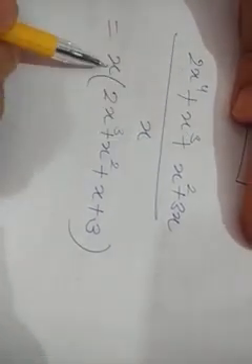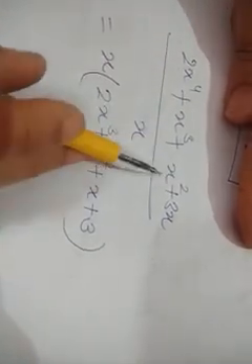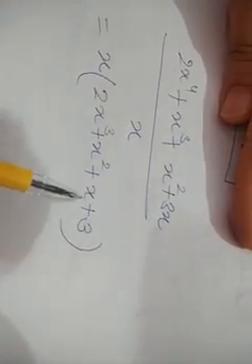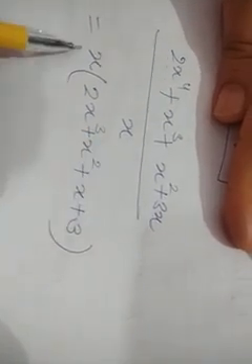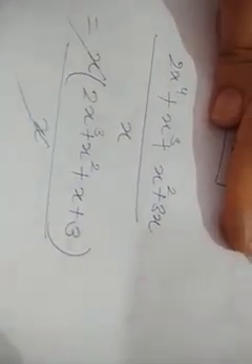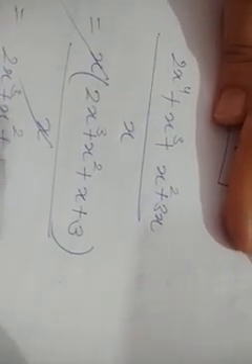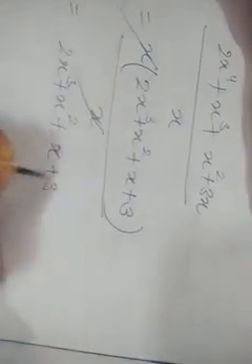From x power 3 we are taking x common, so it will be left with x square. From x square, we are taking x common, so we will be left with x, and when we take x common from the last term, we will get 3. So x is cancelled by x, and we are getting the quotient as 2x cube plus x square plus x plus 3. This is known as a quotient. In this case, the remainder will be equal to 0.